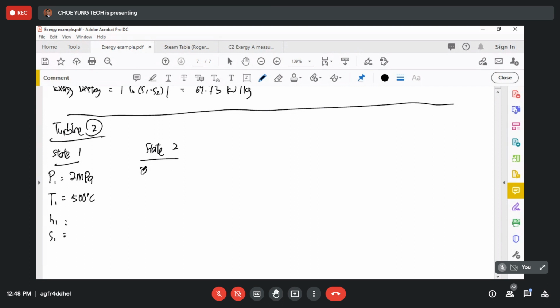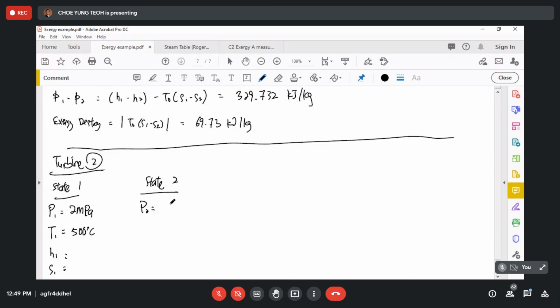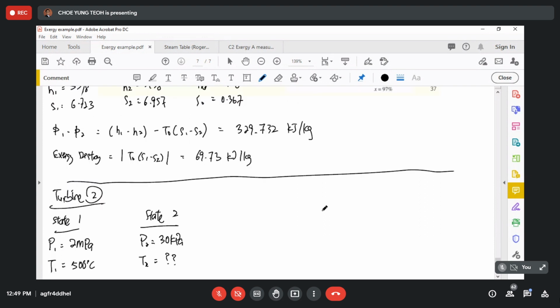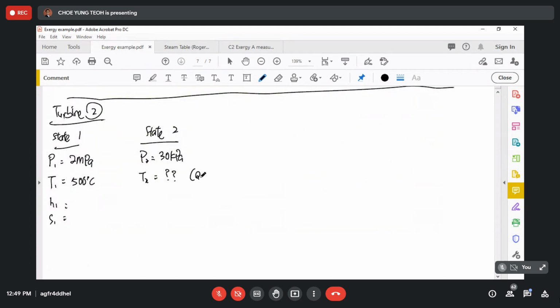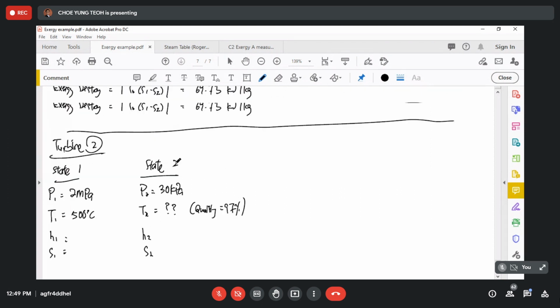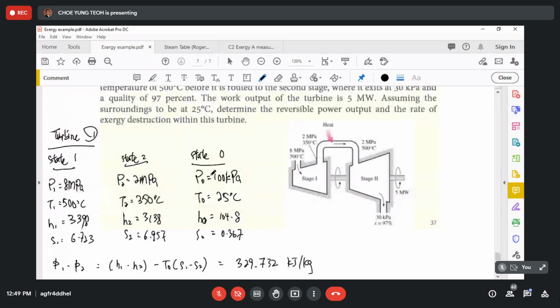The temperature is not stated. We do not know the temperature when it exits, but we know that the quality of the steam is 0.97. So we may need to use this to find H2 and S2. Then the surrounding will be the same. State 0 will be the same as turbine one.